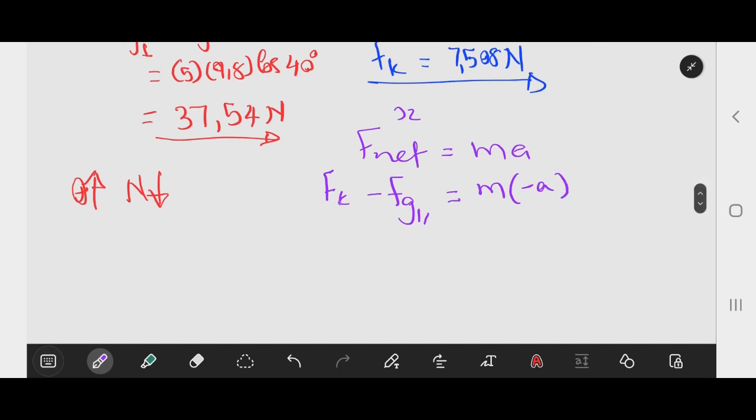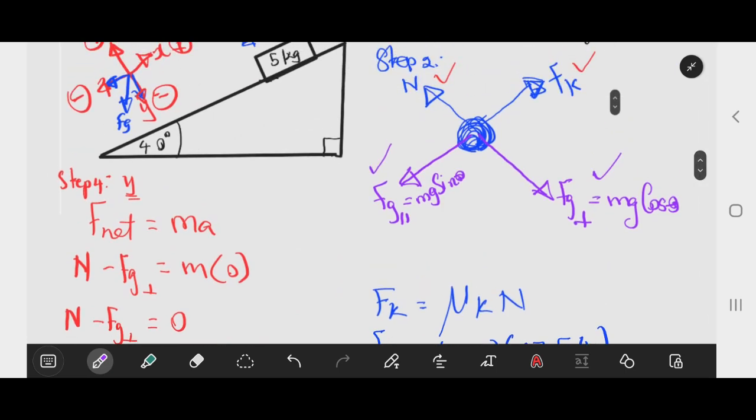Okay, so Fk we have calculated to be 7.508 minus Fg parallel. We can calculate Fg parallel to be mg sine theta. So that would be 5 multiplied by 9.8 multiplied by sine 40.